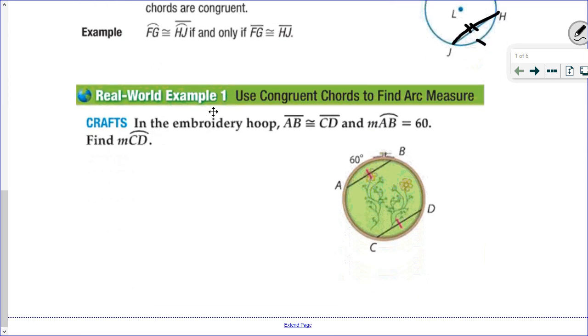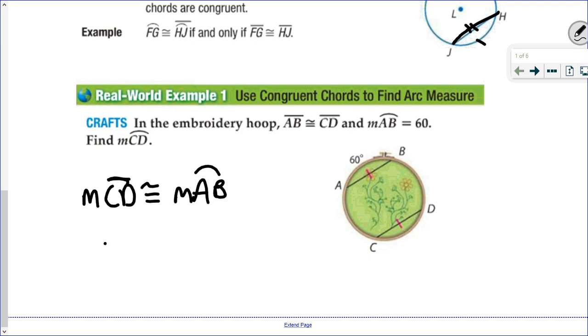So in the embroidery hoop, chord AB is congruent to chord CD, so the segments are congruent. If the measure of arc AB is 60, find the measure of arc CD. Well, in this problem, arc CD is congruent to arc AB because the chords AB and CD are congruent.